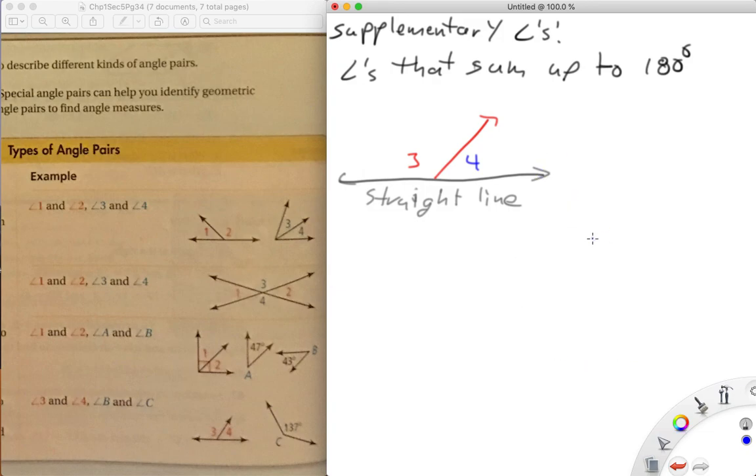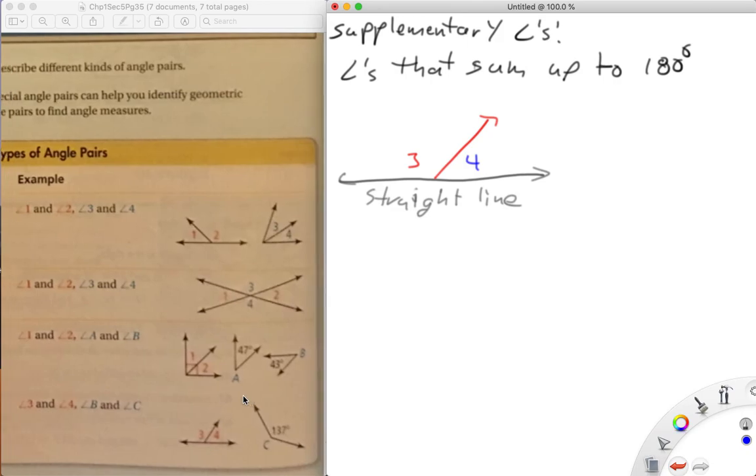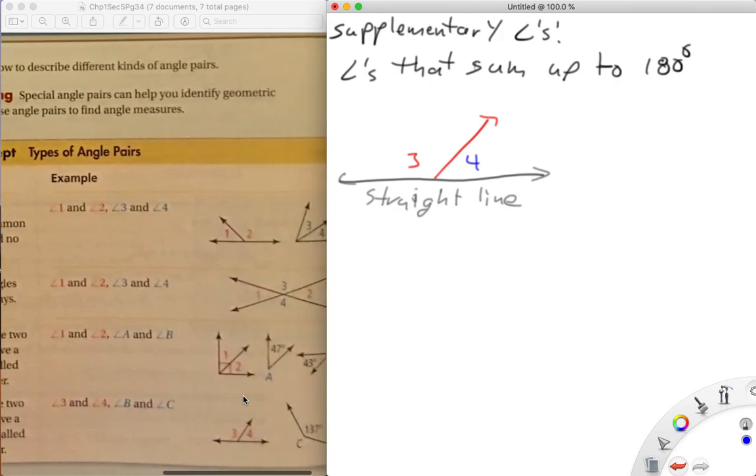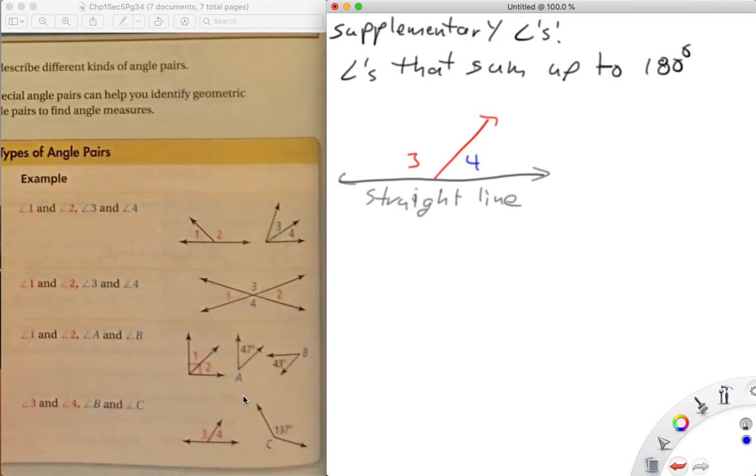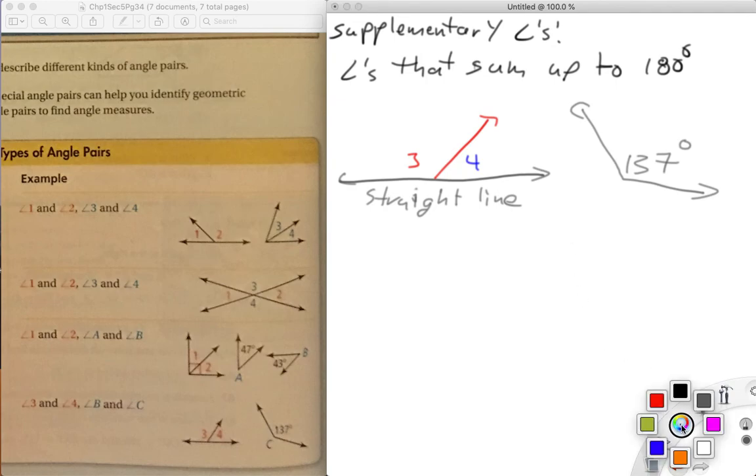And then an example of non-adjacent supplementary angles. So we have one angle that's 137 degrees, and another angle that's going to be 143 degrees. So it looks a little bit like this.